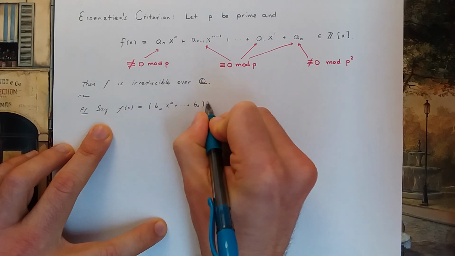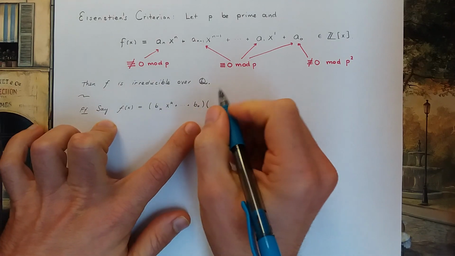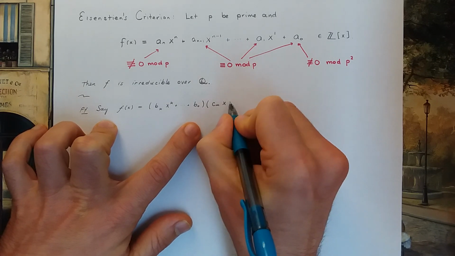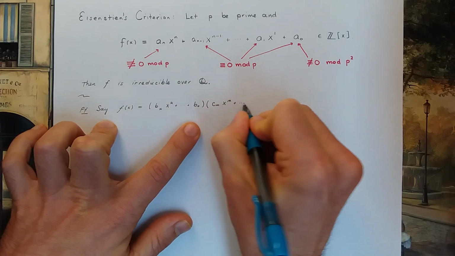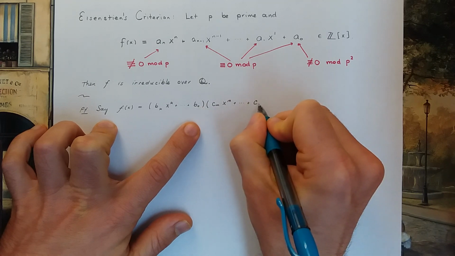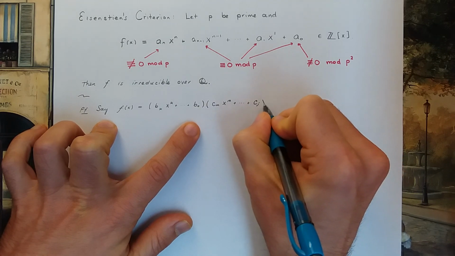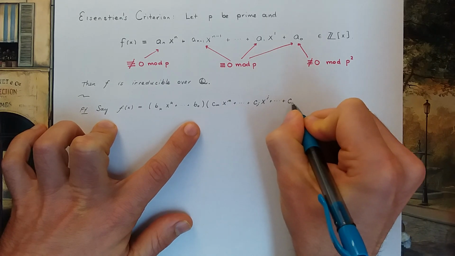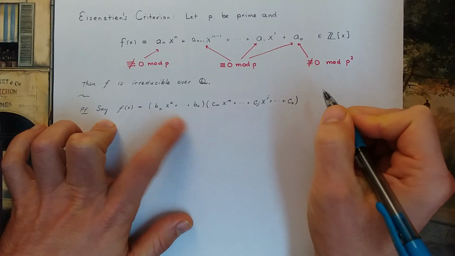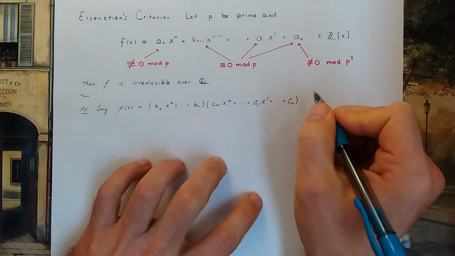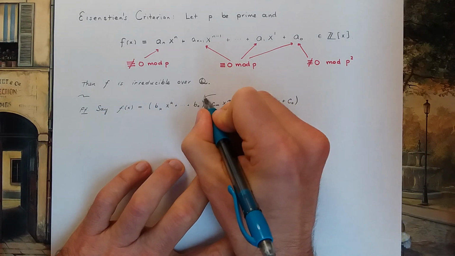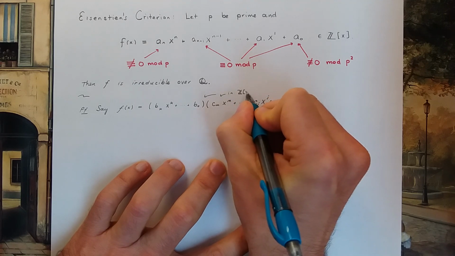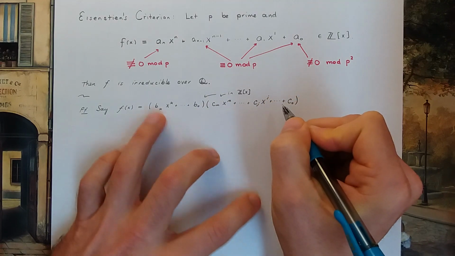That's polynomial 1, times polynomial 2, c_m x to the m, plus more terms. In the middle here, I'm going to get c_j x to the j, and then this goes down till I get to the constant term c_0. These two are polynomials in Z[x], so integer coefficients.